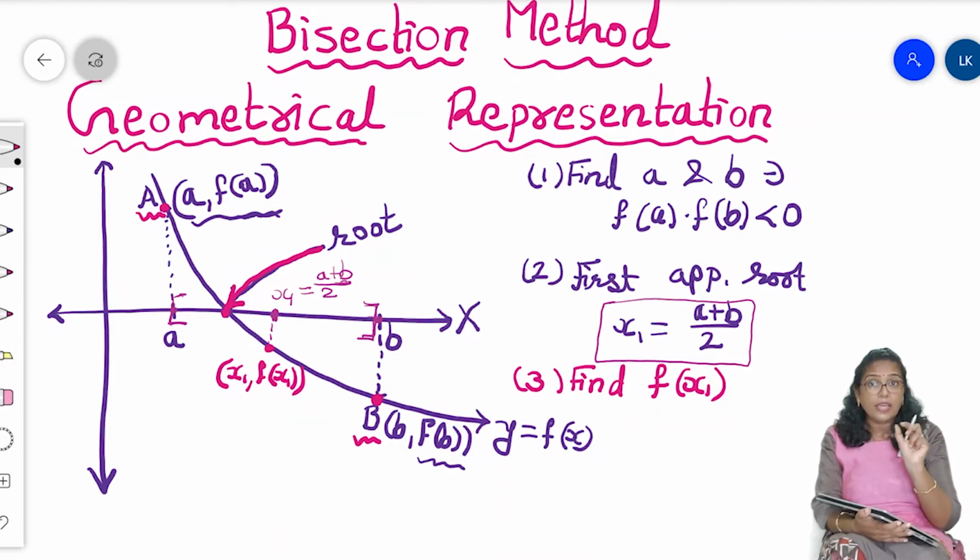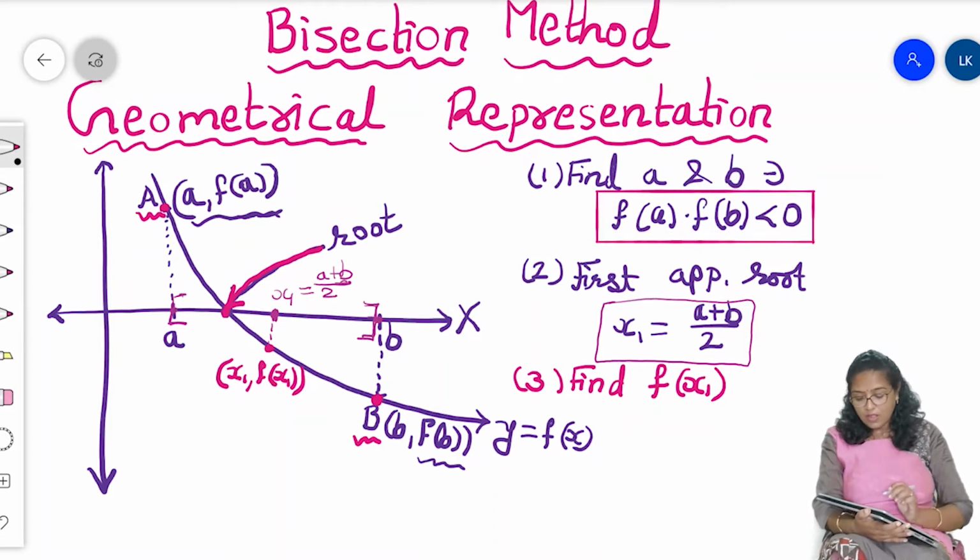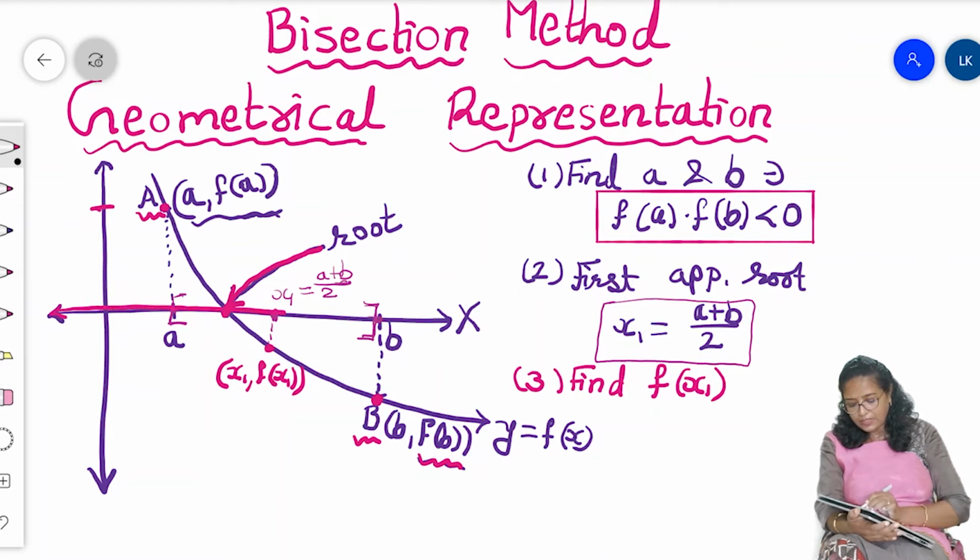How to choose a and b? The condition for choosing a and b is f(a) times f(b) less than 0. From the graph, f(a) is positive because it lies above the x-axis. f(b) is negative because it lies below the x-axis.